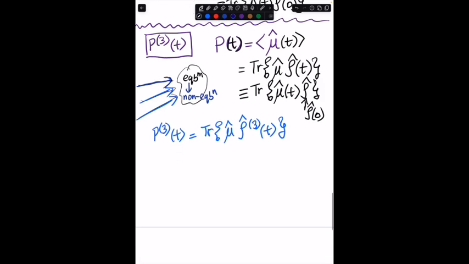So this non-equilibrium state which evolves in time is exactly what is given by the rho third order density operator term. So this describes your non-equilibrium system evolving in time.